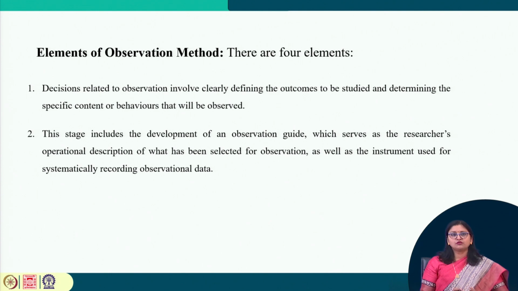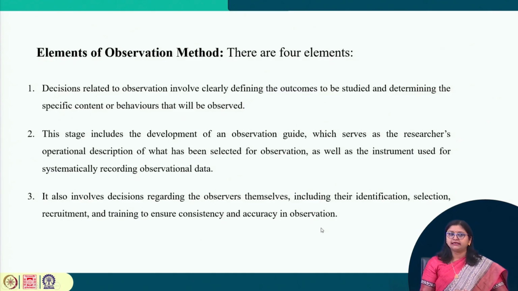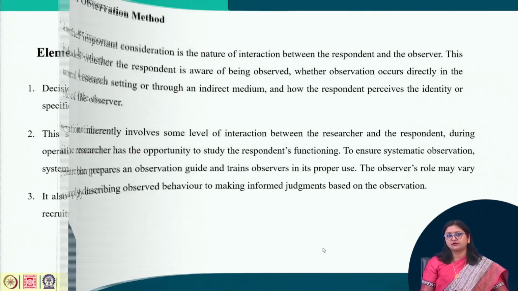This stage includes the development of an observation guide, which serves as the researcher's operational description of what has been selected for observation, as well as the instrument used for systematically recording the observational data. It also involves decisions regarding the observers themselves, including their identification, selection or recruitment and training to ensure consistency and accuracy in the observation.